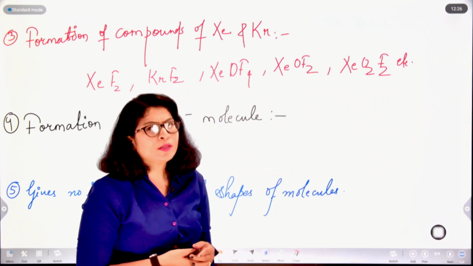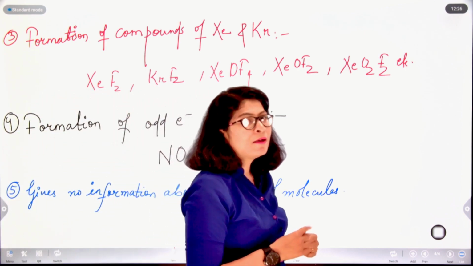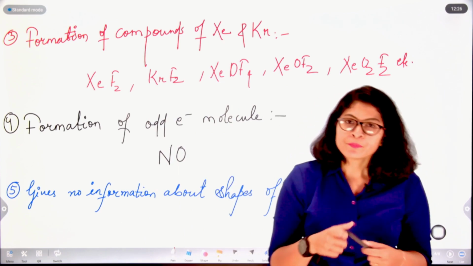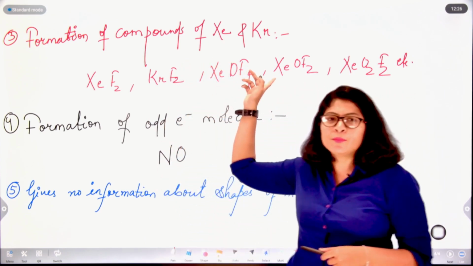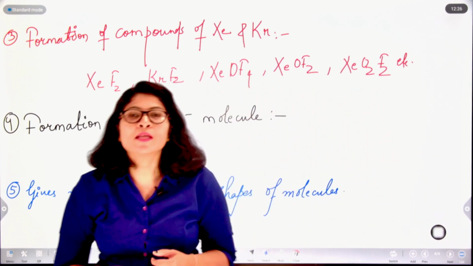So what is this noble gas? Noble means unreactive. Why are they unreactive? Because they have 8 electrons in their outermost shell. Xenon and krypton belong to this category of noble gases. As per the rule, they shouldn't be that reactive.